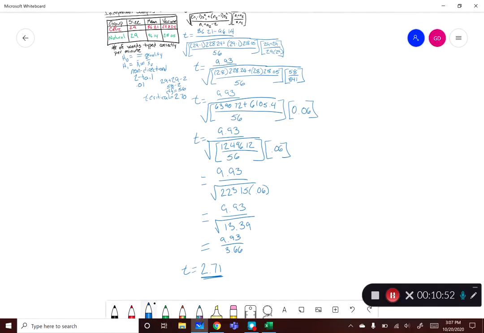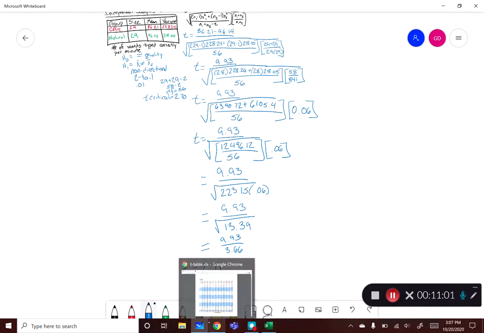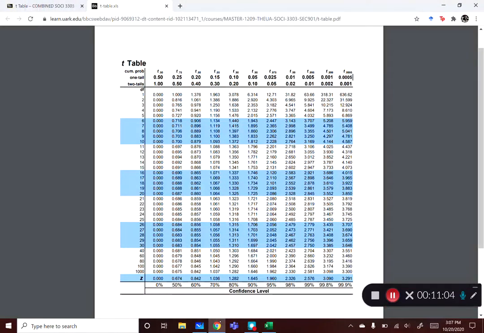Again, we can see that it's slightly larger. And keep in mind, you might be wondering, well, this differs from the actual value that you glance at in Excel. If you looked at our t table here, we did have to move our critical value to reflect a different degrees of freedom because there was not exactly 56. So with that, we made it smaller to where our degrees of freedom and then corresponding value is more conservative.